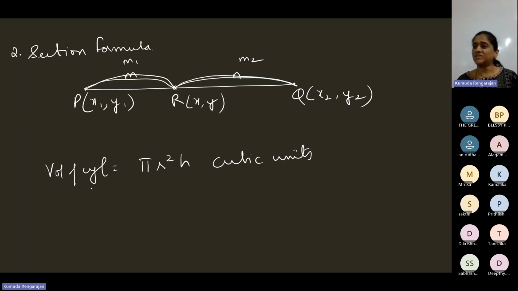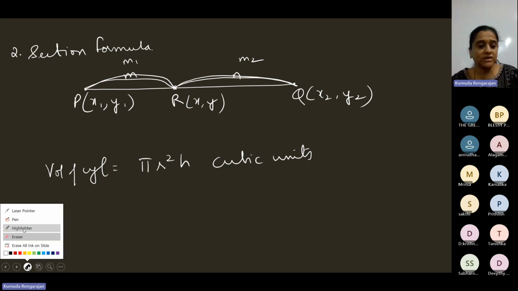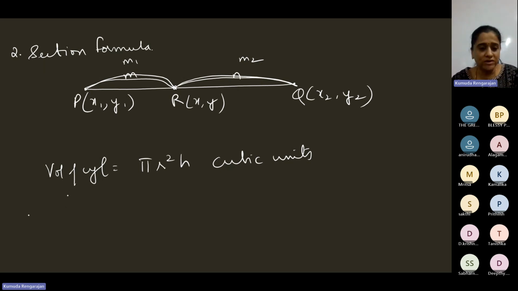When you're given the values of r and h, you can substitute and find the volume of the cylinder. But this is not the only application of this formula. If you're given the volume of the cylinder and the value of r, you can substitute and find h.